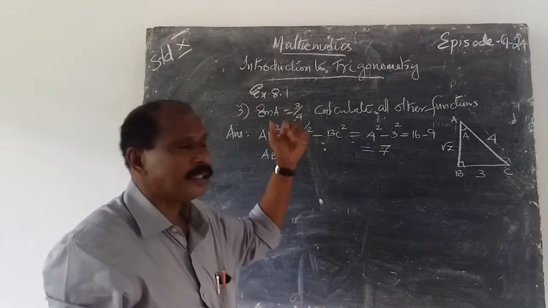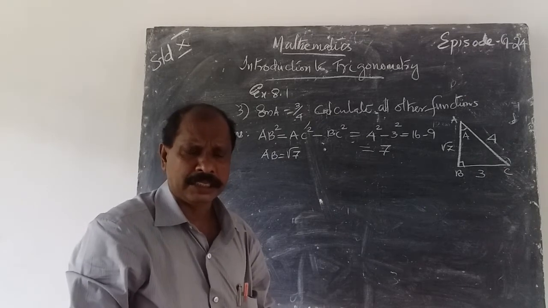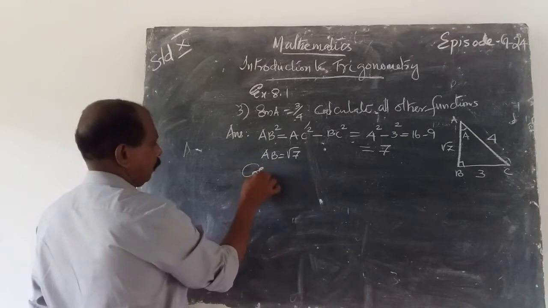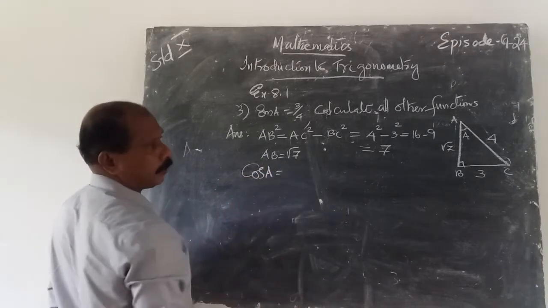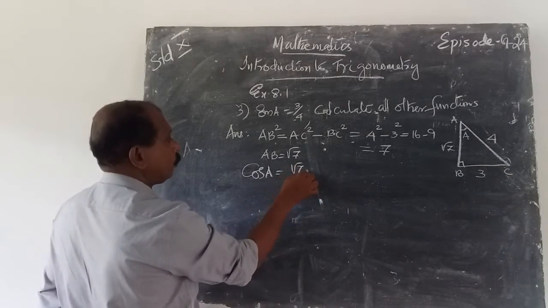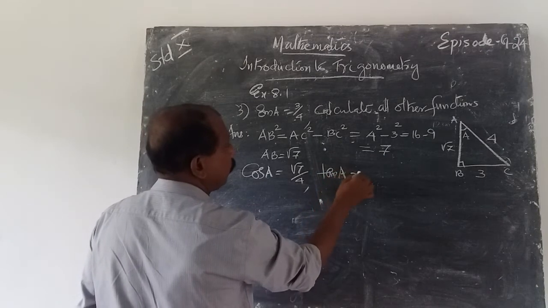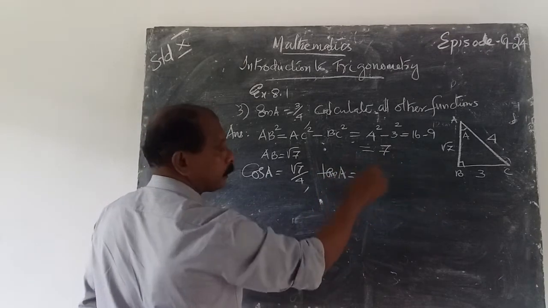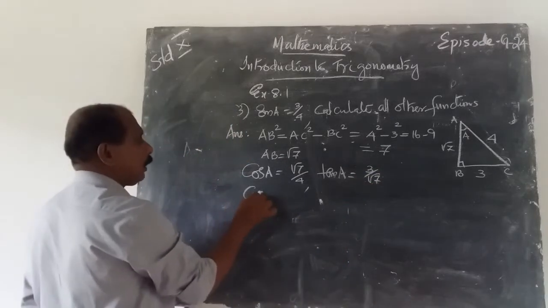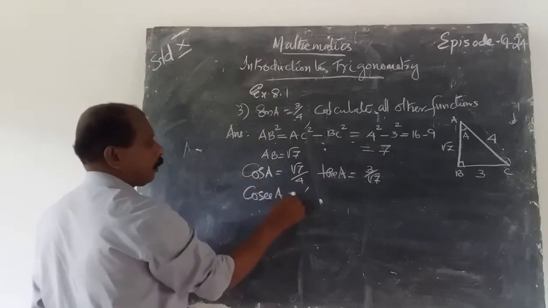Sin A is given. Therefore, we find cos A, tan A, cosec A, sec A, cot A. Cos A is adjacent side by hypotenuse, that is root 7 by 4. Tan A is opposite side by adjacent side, 3 by root 7. Cosec A is the reciprocal of sin A, 4 by 3.